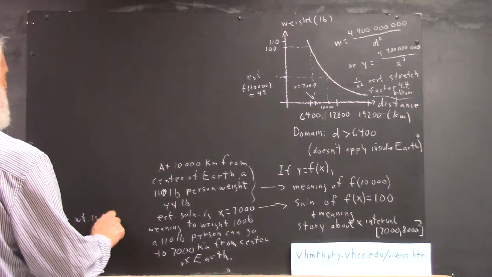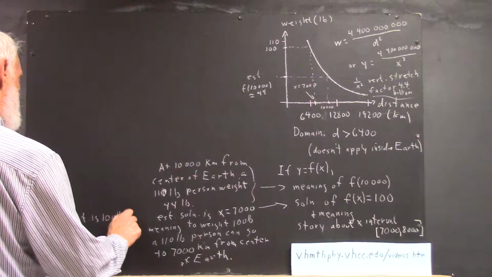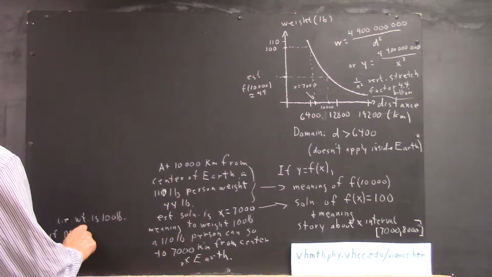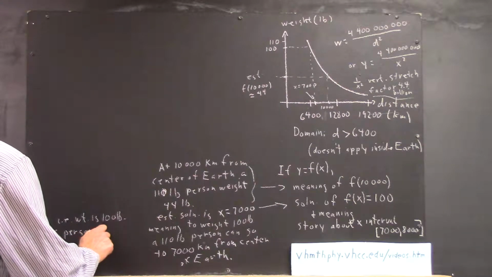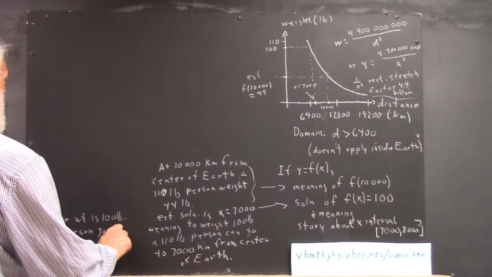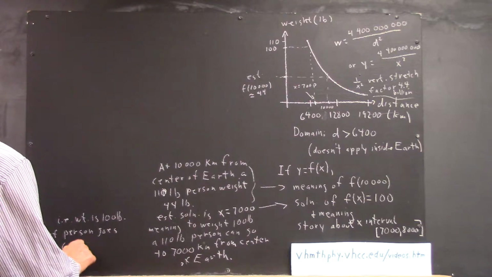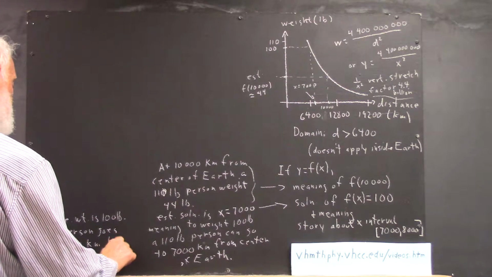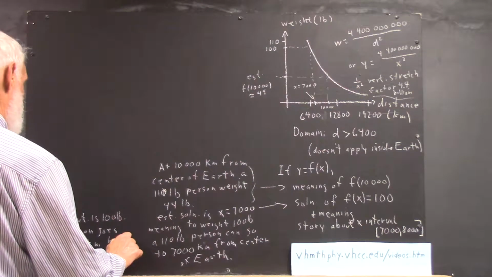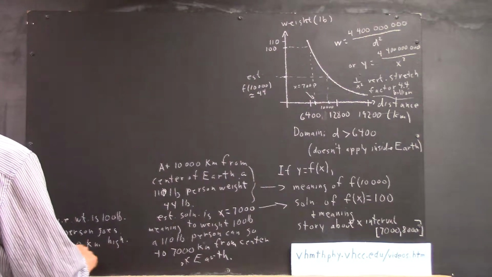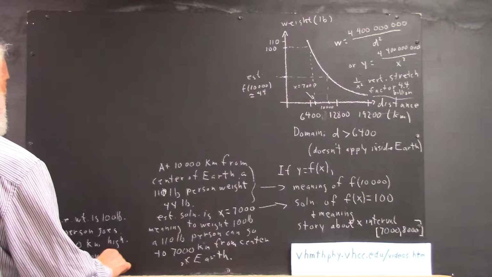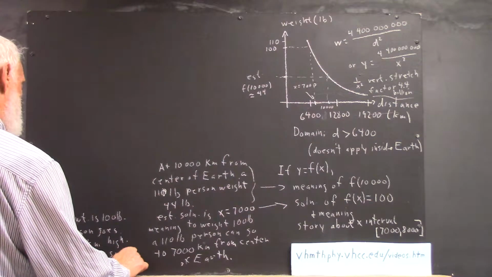So I can say weight is 100 pounds if the person goes 600 kilometers high, that is above the surface.